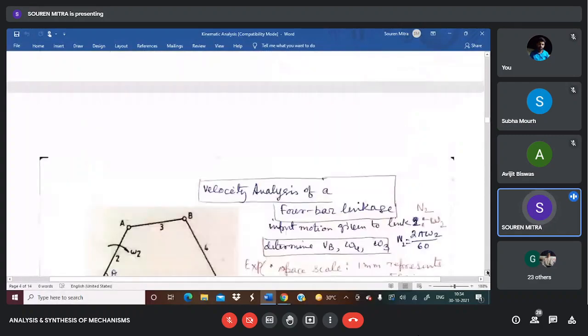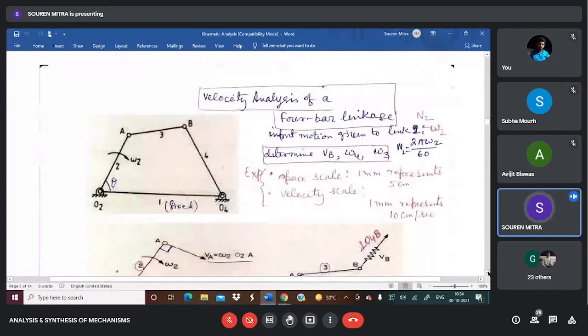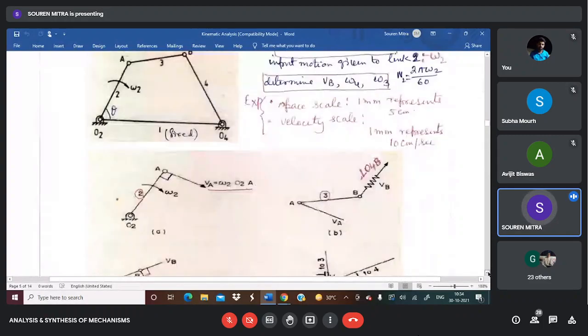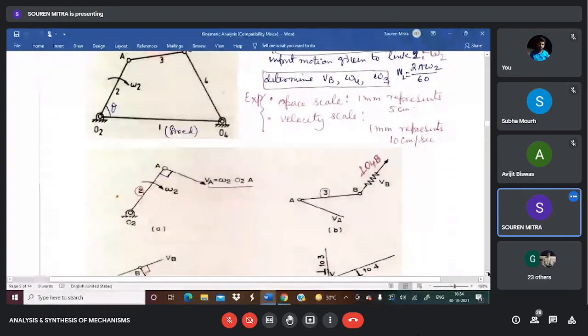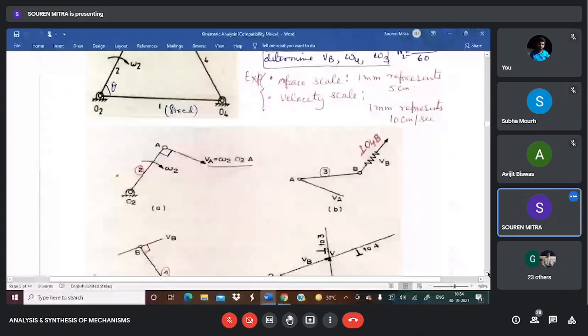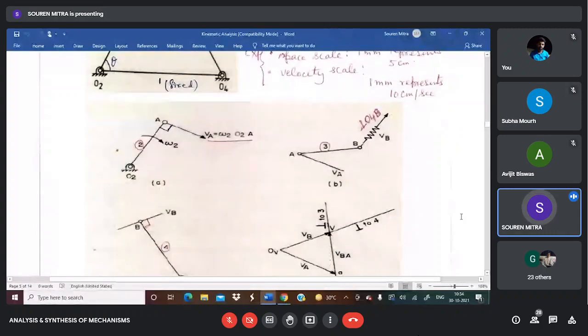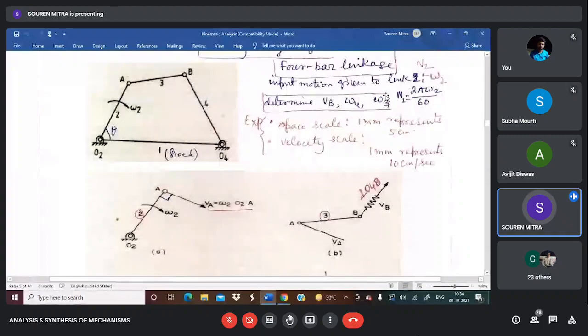But for beginners, we have to know how this analysis is actually taking place. If this is a mechanism, then we can disconnect all the links and see what happens. Velocity at point B is on link 4 and link 3. Similarly, omega 2 is given. We want to determine what is omega 4.